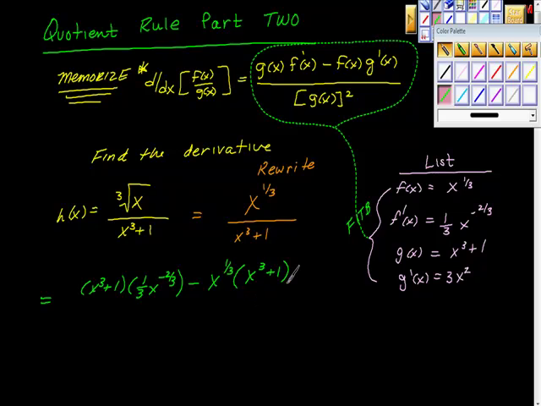Oh, I did it wrong, times g prime at x, I'm really sorry. Times 3x squared is g prime at x, isn't it? And then the whole thing over g of x squared, and g of x is x cubed plus 1, and formulaically we're supposed to square that, so that square is this one right here.